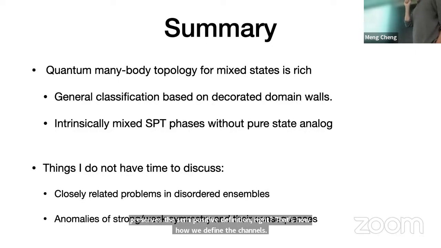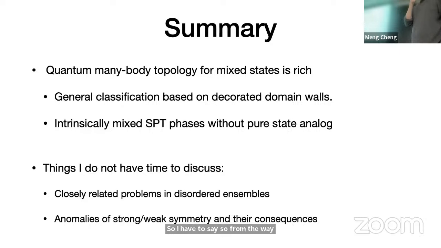I have to say, from the way that the classification is derived so far, the way that we have argued it so far, we haven't explicitly used the condition of positivity. Now, there are questions you can ask. For example, another fairly natural way to study this question is to map the density matrix into a state in a double Hilbert space, and classify the double Hilbert space states under all kinds of symmetries.